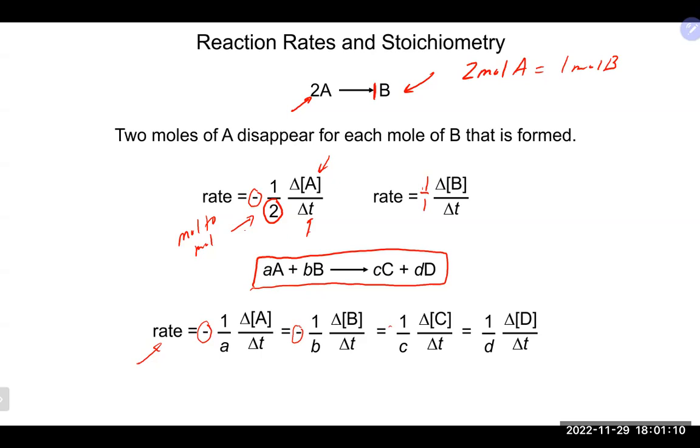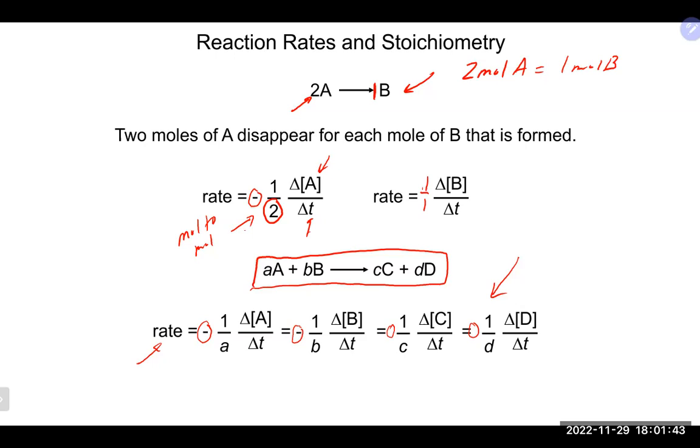Now, when we get to our products, we have no negatives, so 1 over the coefficient for C, and the change in concentration of C over time, and our D. They all equal each other, and they all equal the average rate for the reaction. What that allows you to do is, if you know one piece of information, maybe the average rate, or how D is changing with time, you could then use these relationships to figure out how C, B, and A are changing with time.